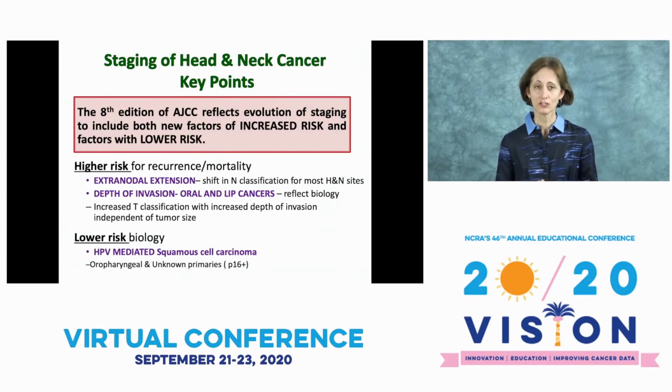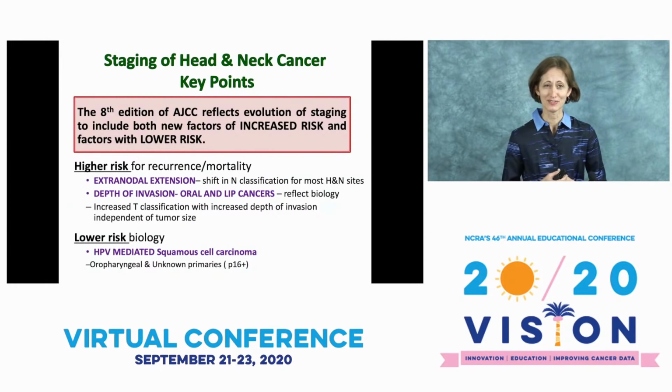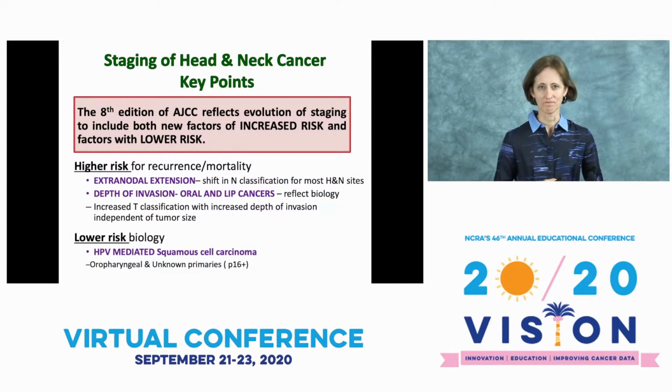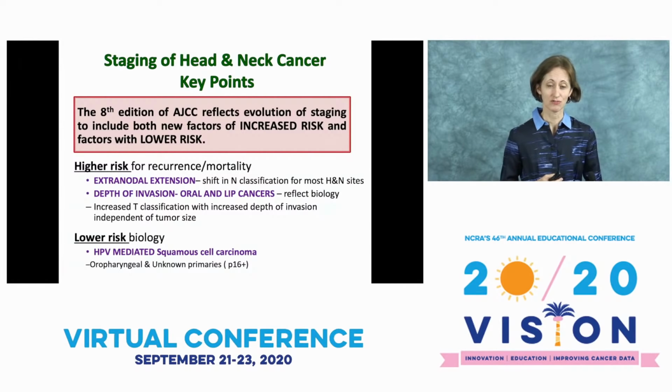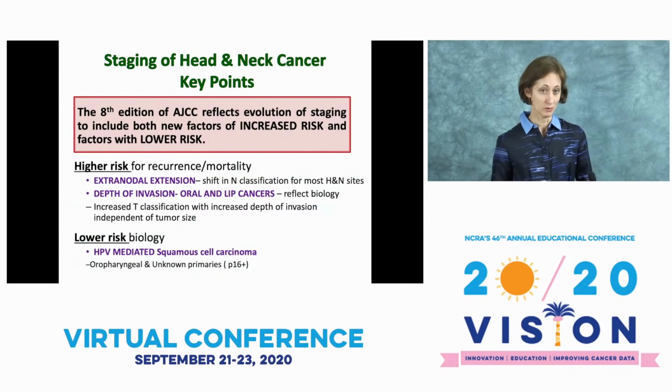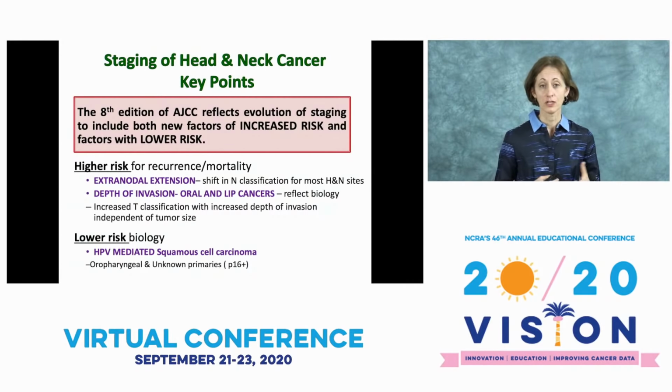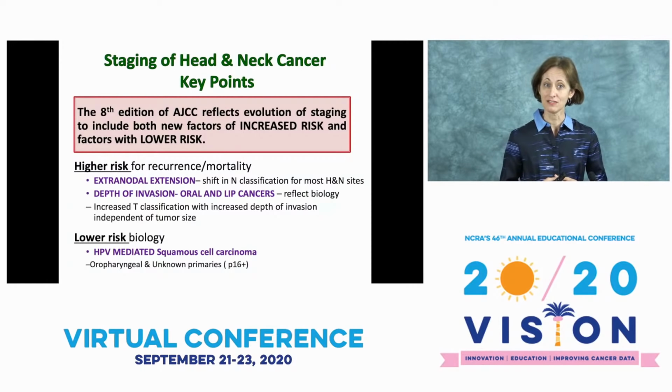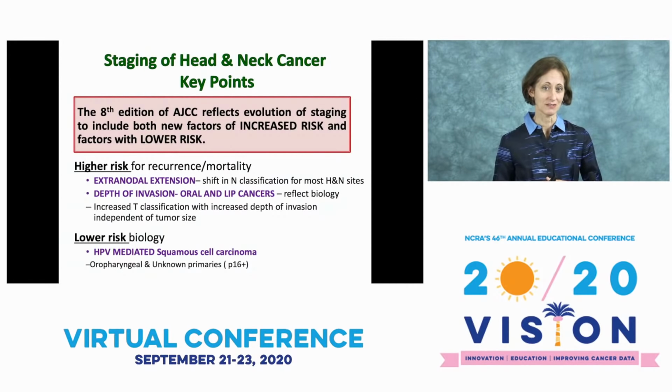So the new edition, which it still feels new, even though it's now been around a couple years, really reflects the evolution of staging. We included things that were new that increased patients' risk and essentially said that they would have a poor prognosis, as well as things that lowered risk. And so we talked about the higher risk being this extranodal extension for both recurrence and mortality, as well as the depth of invasion. And so those things were added to our chapters as discussed.